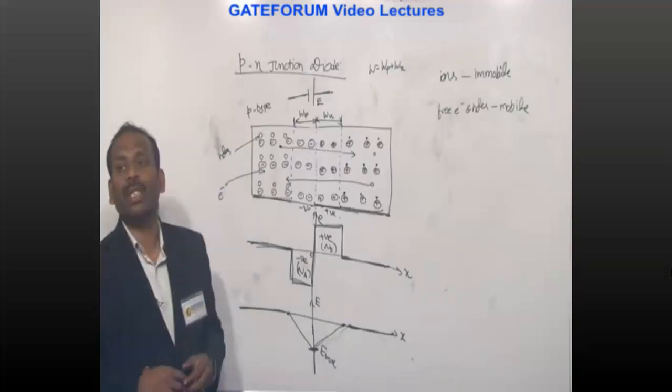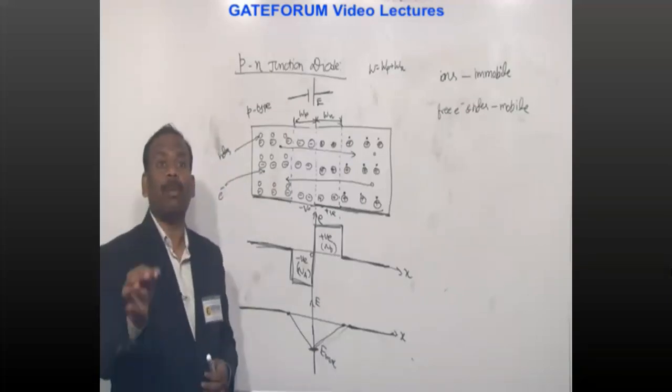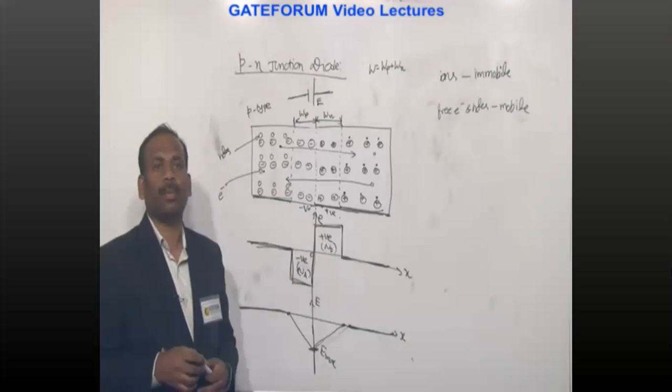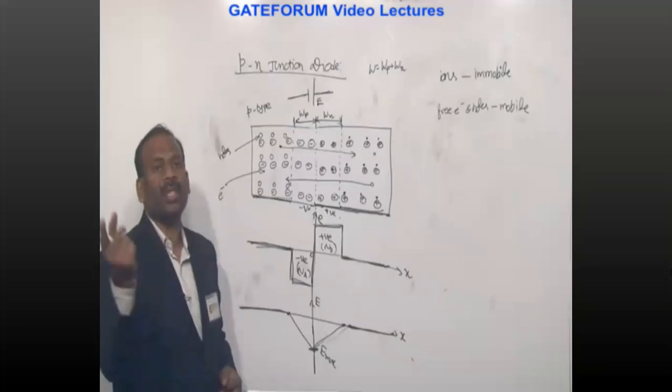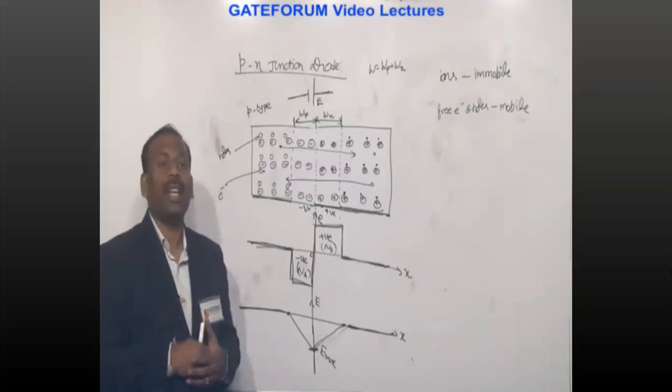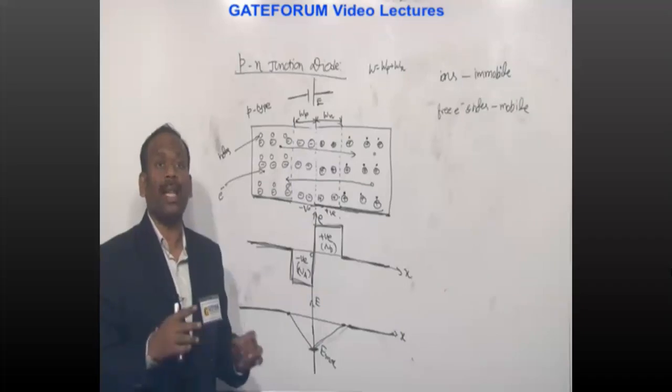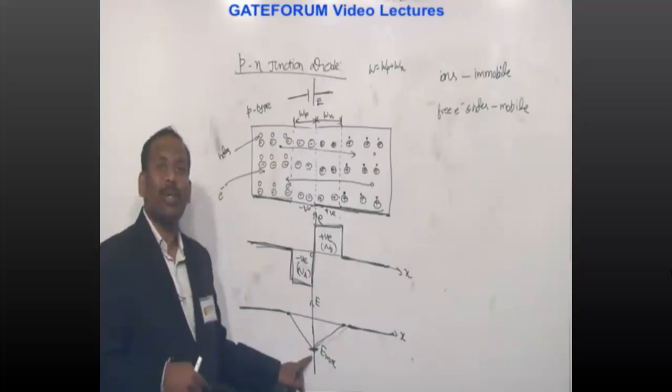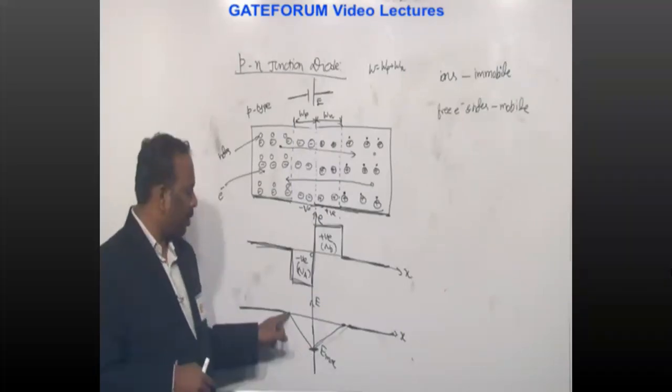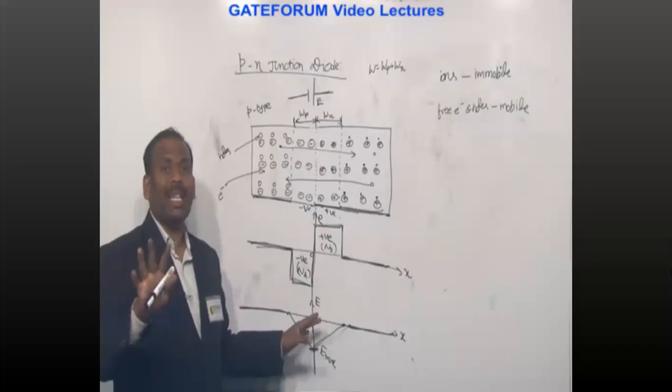One of the GATE questions is, electric field will be maximum at, option C, given some options. Where is the electric field maximum? At the junction, x equals 0. Then it comes decreasing, it's the magnitude only.